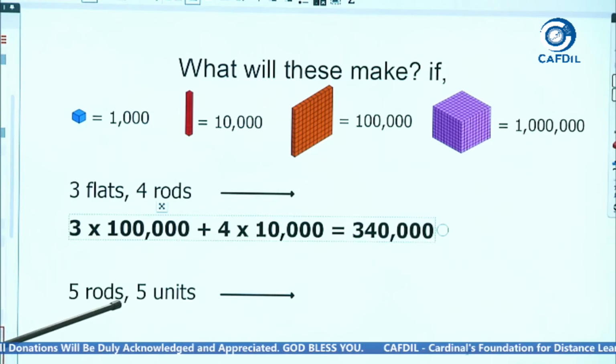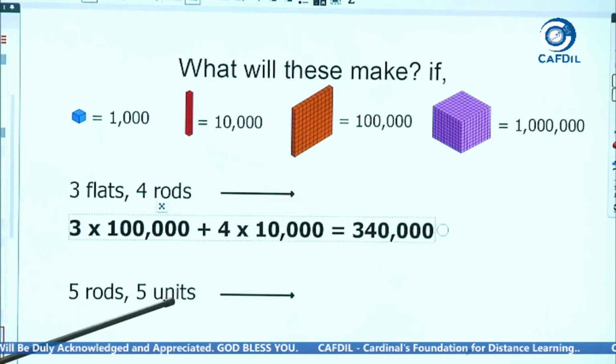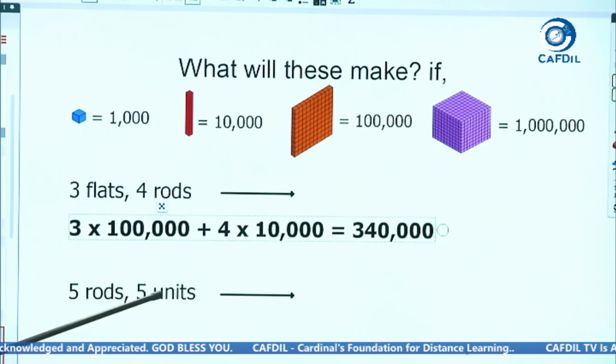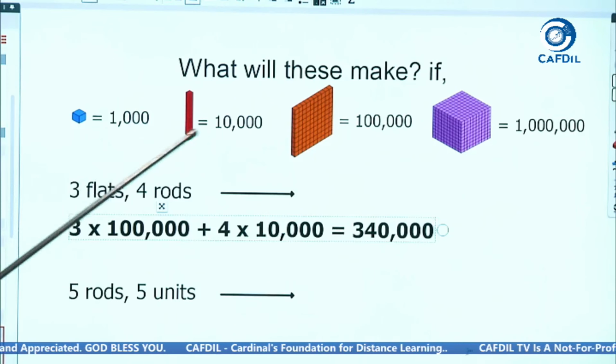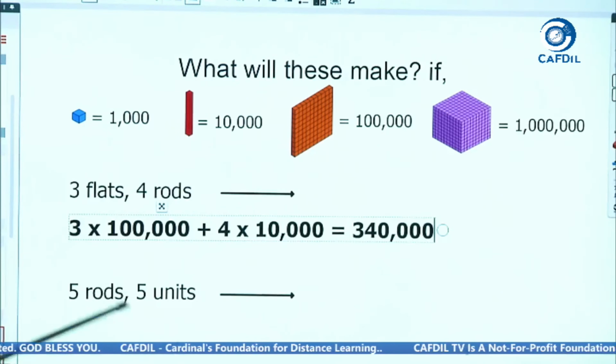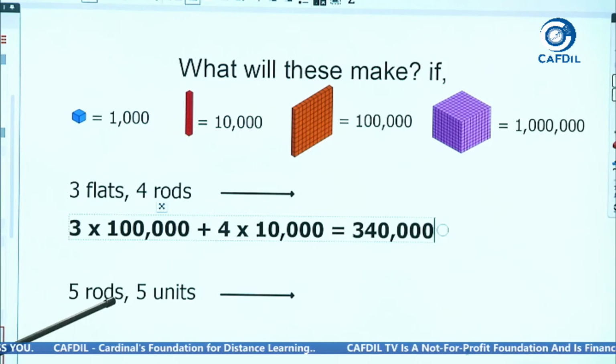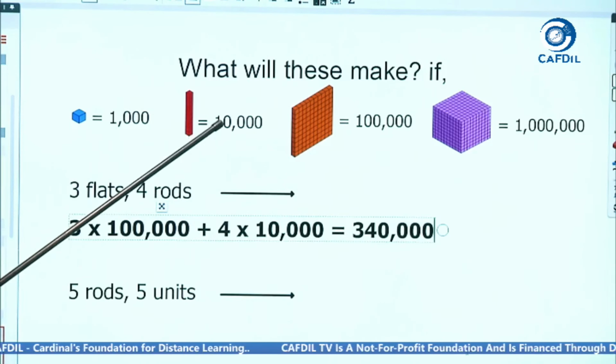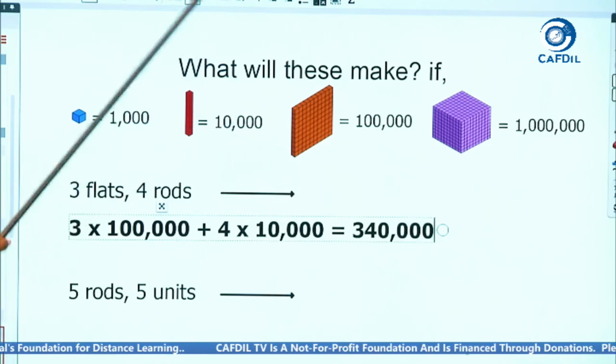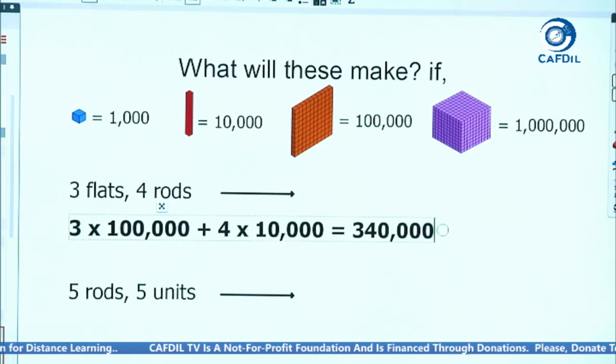5 rods and 5 units. You have 5 rods and 5 units. Using the value, the key has been given. What is the value of a rod? A rod is 10,000. So 5 of the rods, meaning 5 times 10,000.